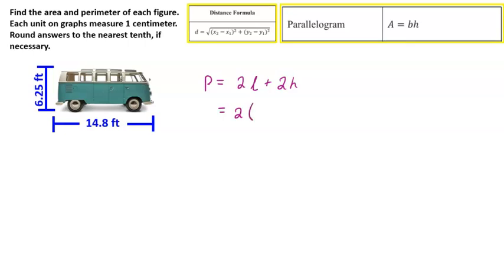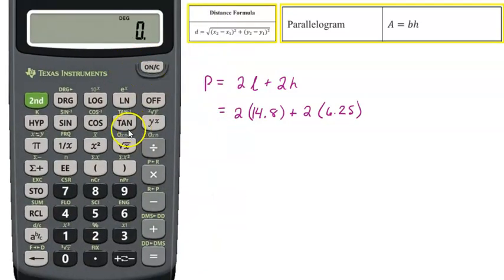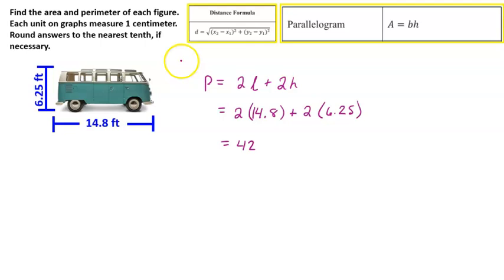So we've got 2 times 14.8 plus 2 times 6.25, and then let's go ahead and get that into our calculator. So we've got 2 times 14.8 plus 2 times 6.25 equals, and we get 42.1 feet. Super easy.